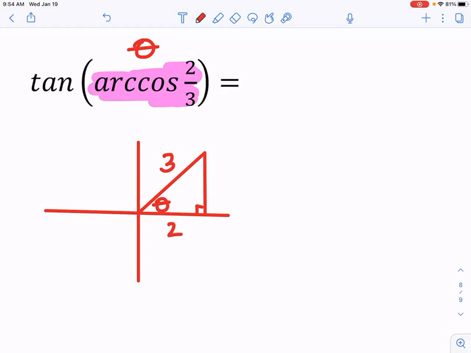All right, help me out. What's our opposite side? Radical 5. So now I want the tangent of this theta. Well, the tangent of this theta is opposite over adjacent.